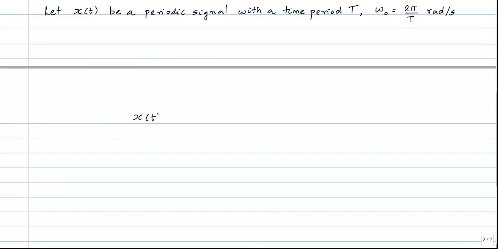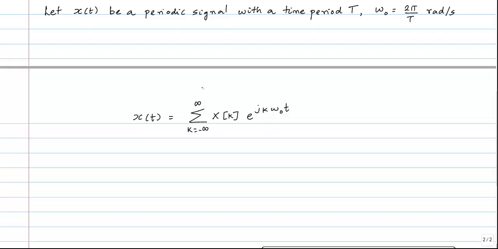Namely, we can write x of t as the sum of weighted complex exponentials, x of k times e to the j k omega naught t, for k going from negative infinity to positive infinity. That's just the Fourier series representation for x of t.